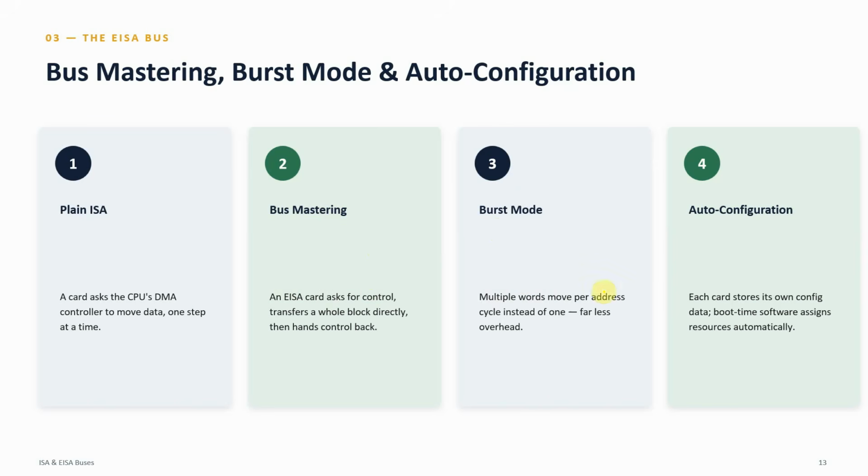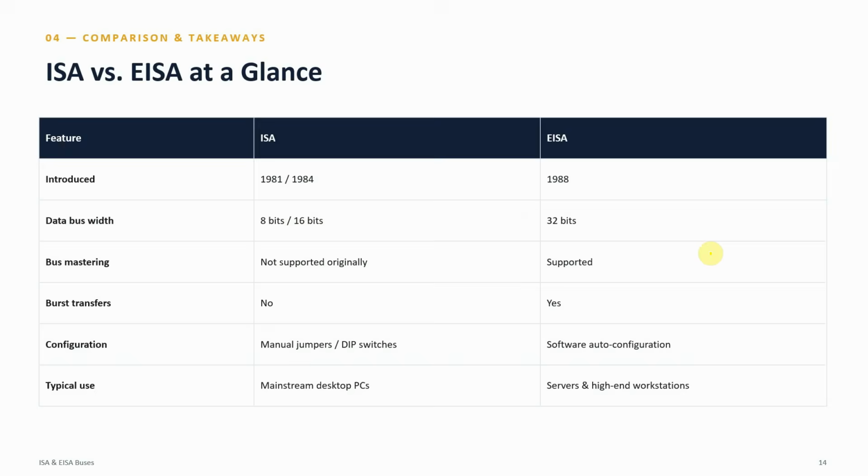It allows multiple words to move per address cycle instead of one, which is far less overhead. And also auto configuration: each card stores its own configuration data, and at boot time software assigns resources automatically. So what do we mean by booting and by configuration of data? We are going to discuss all of that in our further sessions.